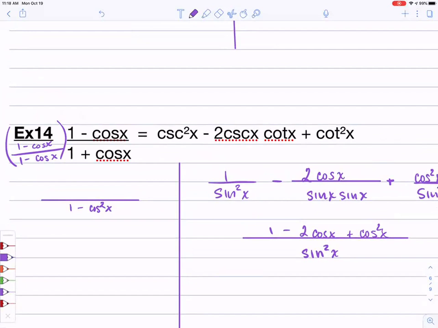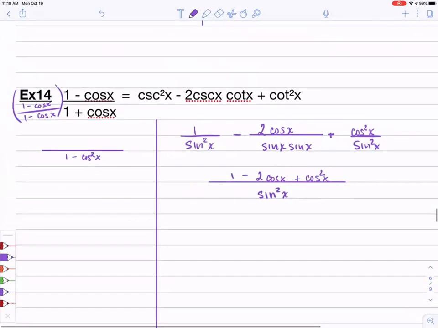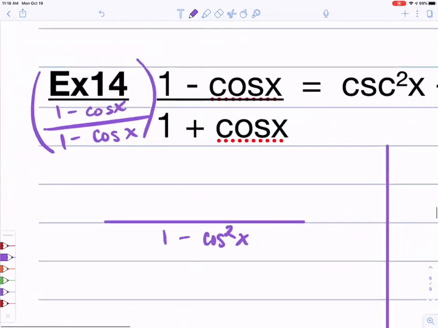Now, look at the numerator that we're trying to go for, which is this guy. What can we do to the numerator over here on the left side to try and make it match the right side? Cecilia, what do you think I can do with that?